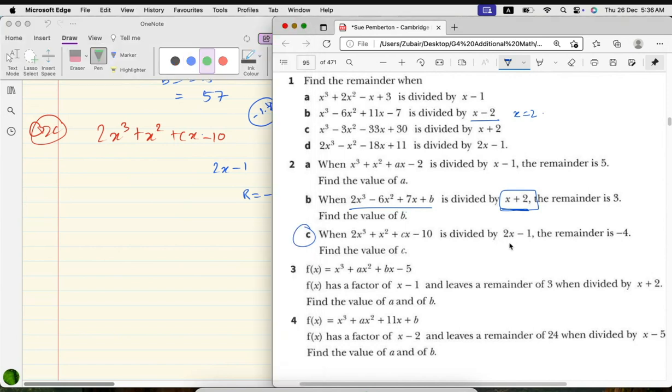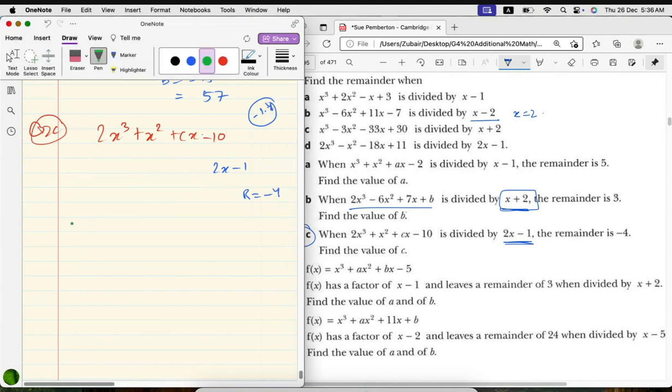So it says it is divided by 2x minus 1, means value of x is 1 by 2. 2 into 1 by 2 cube, plus 1 by 2 square, plus c into 1 by 2 minus 10 is equal to minus 4.